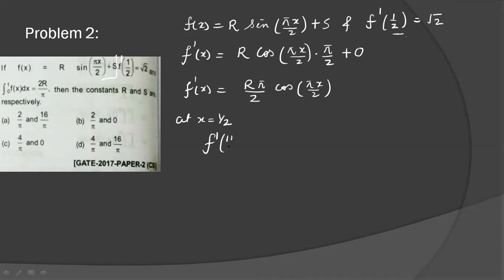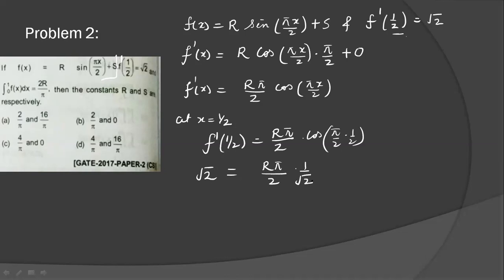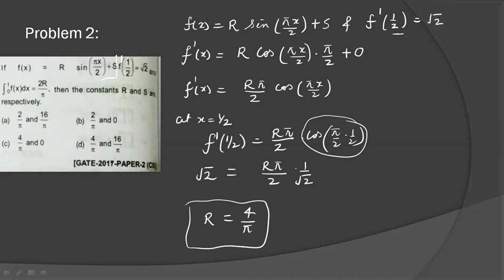So f dash 1 by 2 is r pi by 2 into cos pi by 2 into 1 by 2, and this value is equal to root 2. So r pi by 2 into 1 by root 2, since cos pi by 4 is 1 by root 2. Taking to the left side, r will be 4 upon pi. So now you have the value of constant r.